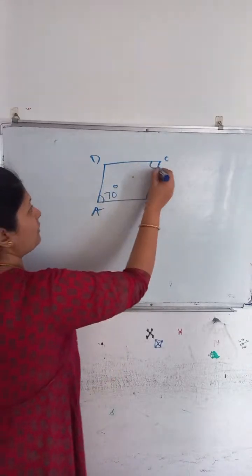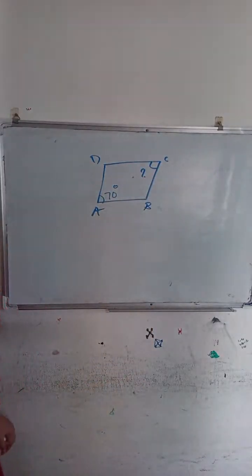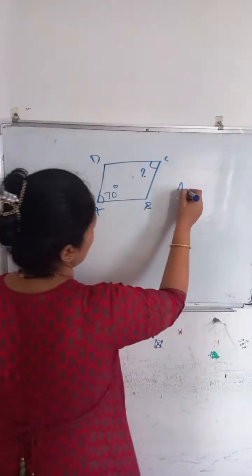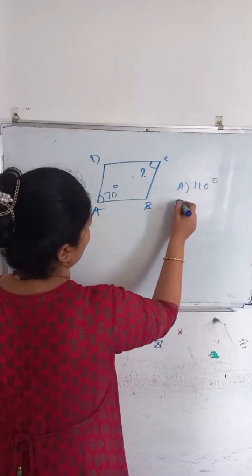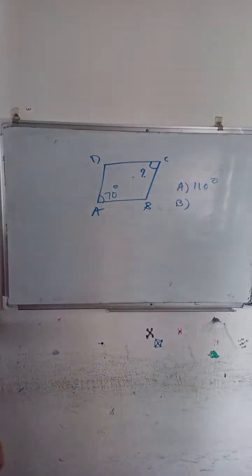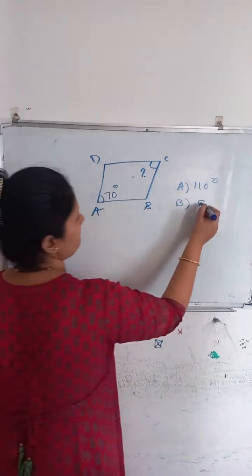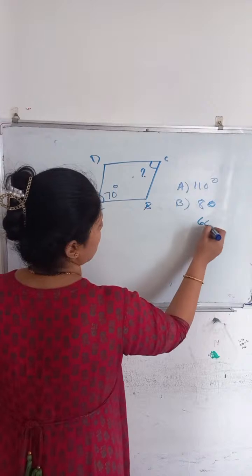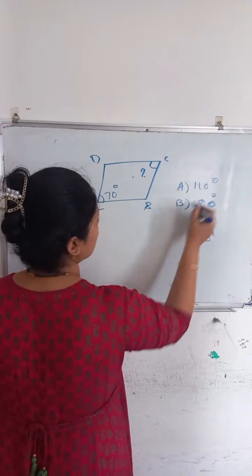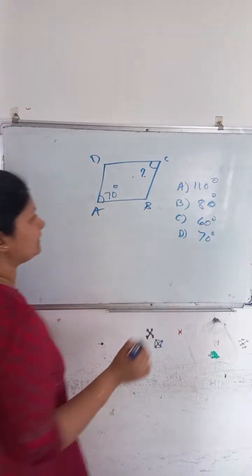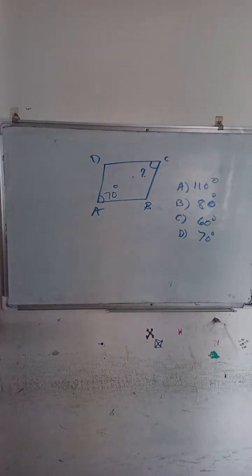They are asking what is the value for C. Correct? And the options are given: A 110, B 80, C 60 and D 70 degrees. Okay, which one is the correct? We have to find out.